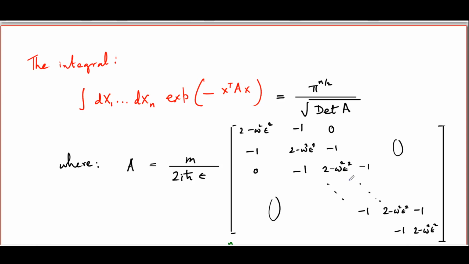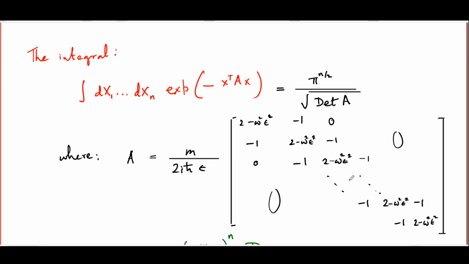A here is slightly different, and only slightly different, from the corresponding matrix that we had for the free particle. Apart from this factor of m by twice I h cross epsilon, what you have is a tridiagonal matrix with the leading subdiagonals having only minus ones, as we had in the case of the free particle. The only real difference here is that instead of a 2, which you had down the diagonal in the free particle case, here you have 2 minus omega square epsilon square for each one of the diagonal elements.